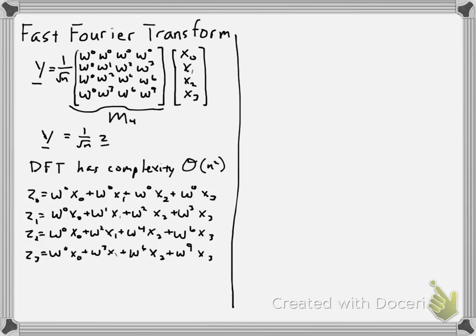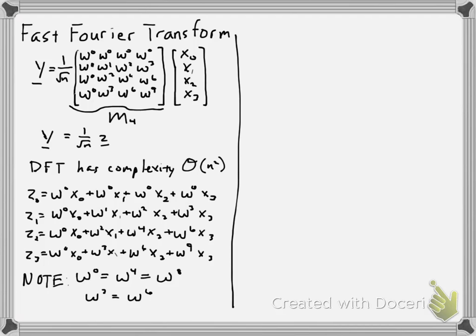And so continuing, I have z1, z2, and z3 written as a linear combination of x0, x1, x2, and x3. Now I'm going to note a few things about our omega being raised to various powers. Note that omega to the 0 equals omega to the 4th, which equals omega to the 8th. And also omega squared equals omega to the 6th power.